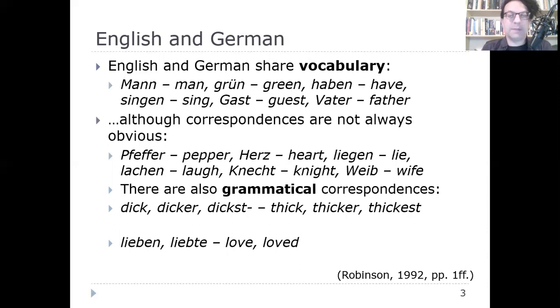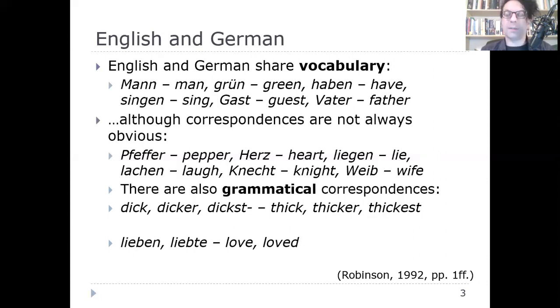It seems to be the same, even the bound morphemes that are attached to those forms, there seems to be a lot in common there. Or if we look at the past tense forms of regular verbs, lieben, liebte, love, loved, there's some kind of a D or T sound added to the past tenses of verbs.